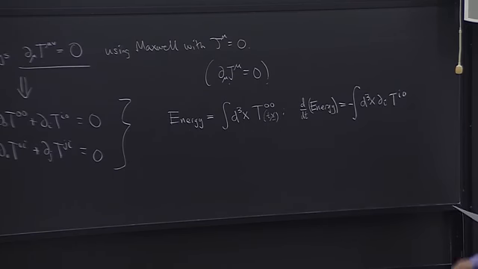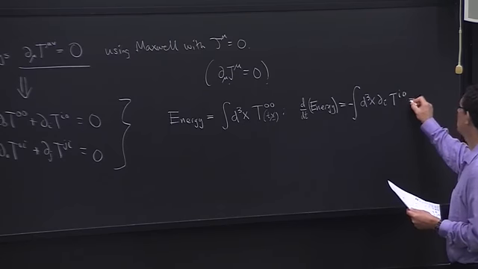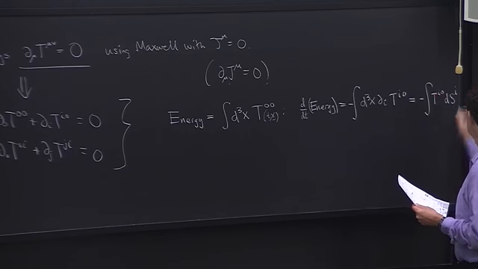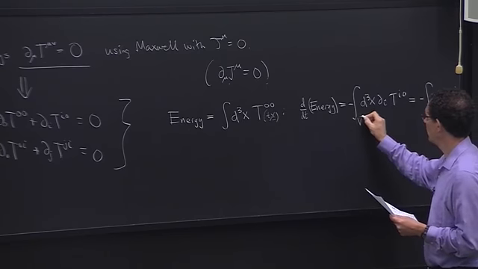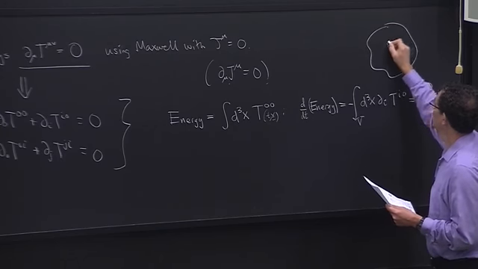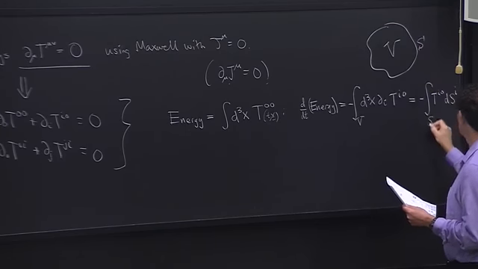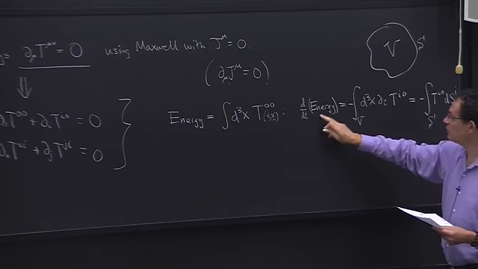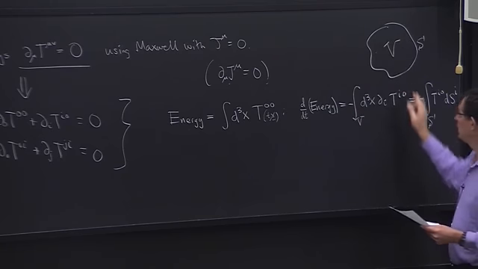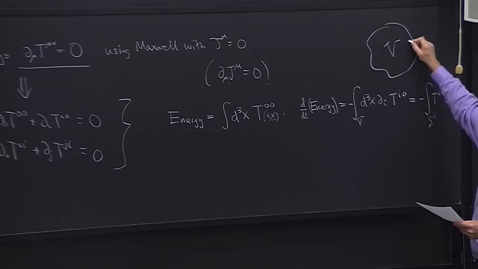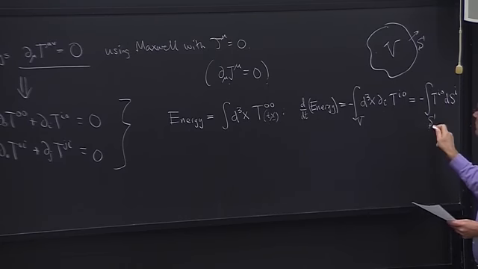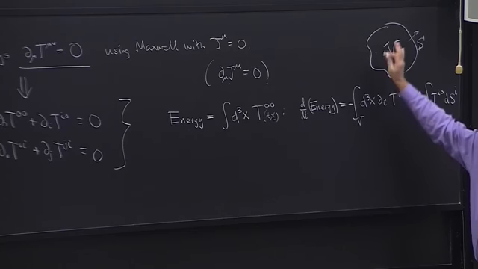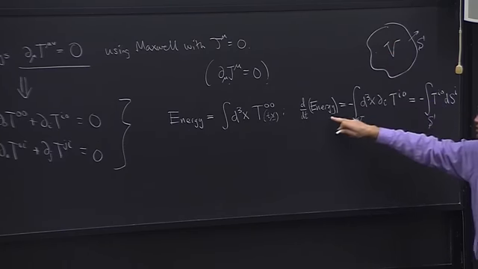This is a divergence. Using the divergence theorem, I can write this as minus the integral T i naught dS i, where the integral is over a surface S which bounds the volume V. This tells me that the rate of change of the energy inside the volume V is the negative of the flux of energy out of the surface S. So providing I pick my surface a long way away from the source where there's no flux traveling, the energy will be conserved.